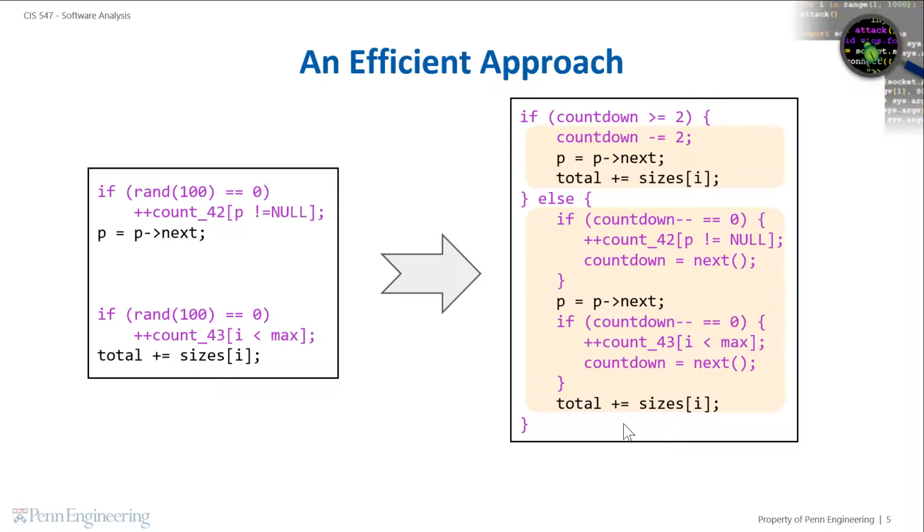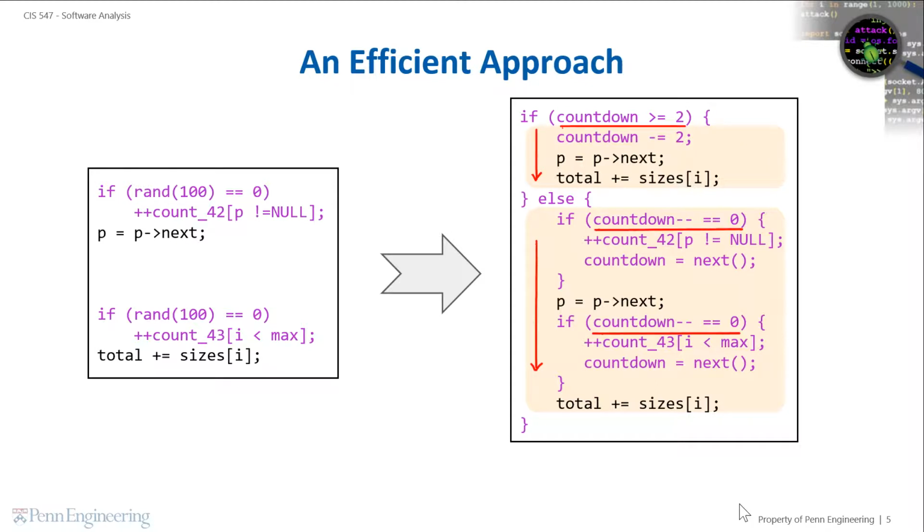If upon reaching the if statement, there are 2 or more sites remaining to be skipped before the next sample occurs, the program will run the uninstrumented code, which avoids the checks associated with performance decreases. On the other hand, if there are fewer than 2 sites to be skipped before the next sample, the instrumented code will be executed, with the countdown variable being decremented at each instrumentation site until it reaches 0.